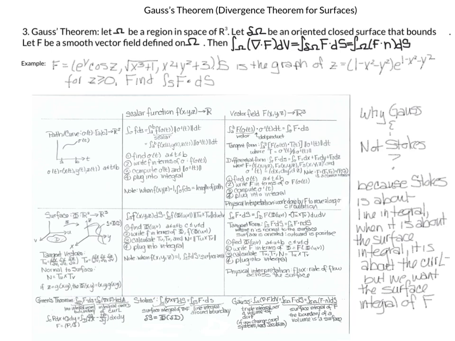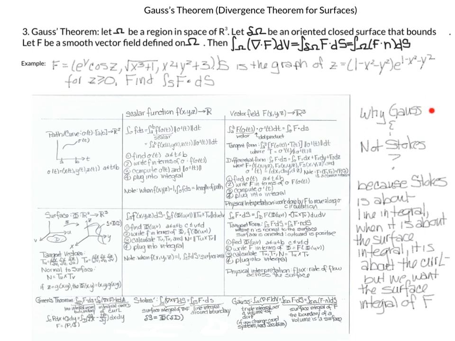So to summarize, everything about this problem is ugly, right? F has all kinds of stuff going on, e to the powers and cosines and sines and square roots. And even the surface, you noticed I didn't even try to graph this function for you. So we really want to avoid calculating this surface integral directly. What we're hoping for is simplification by Gauss or Stokes. What we'd really like is a 0.